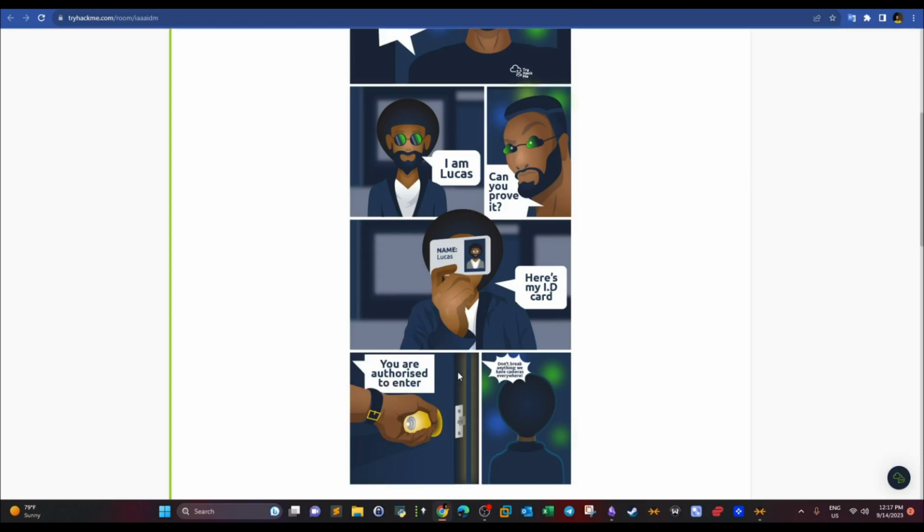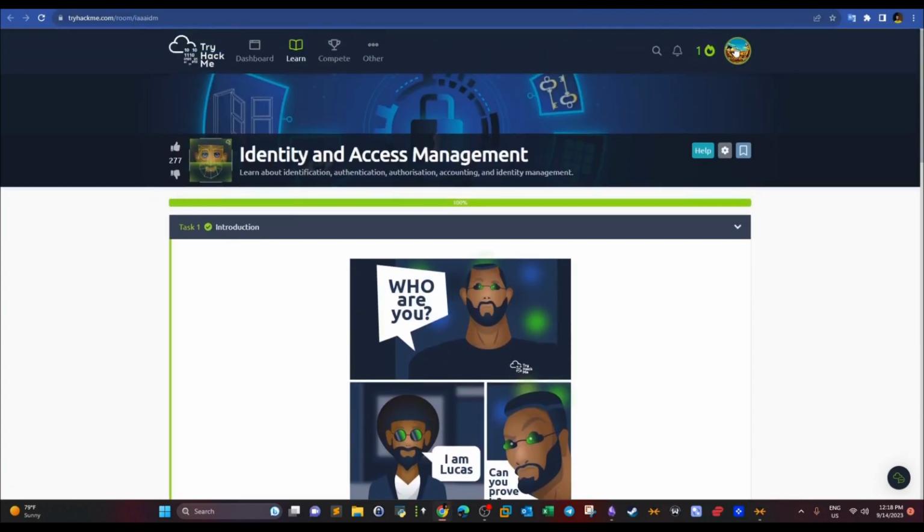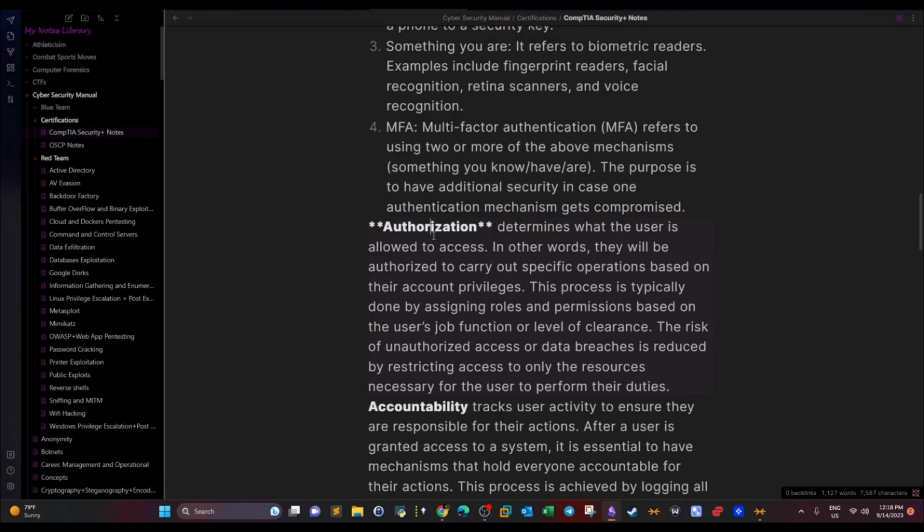You might not be authorized to enter other facilities. This is called authorization. In the digital world, for example, I can access these pages in the platform, but certainly the website TryHackMe has other pages that I cannot access because I am not authorized to do that. There are policies set to prevent me from doing that. So authorization is enforced through security policies and permissions.